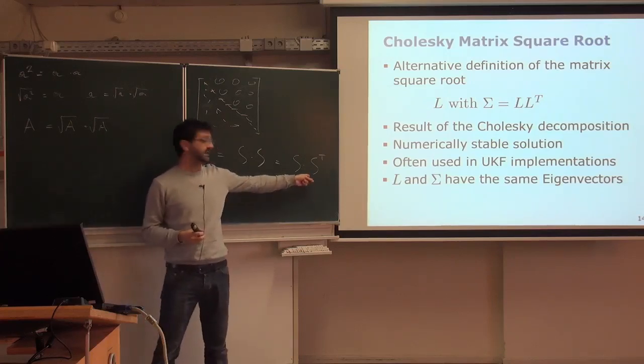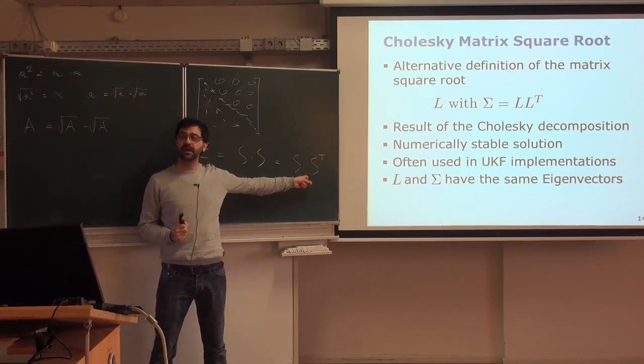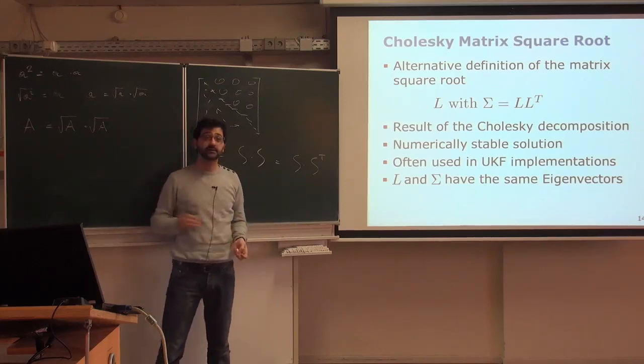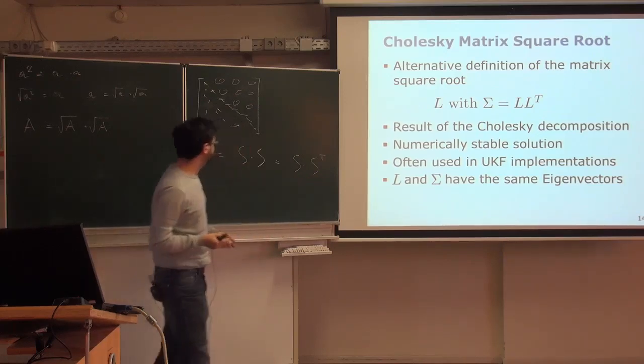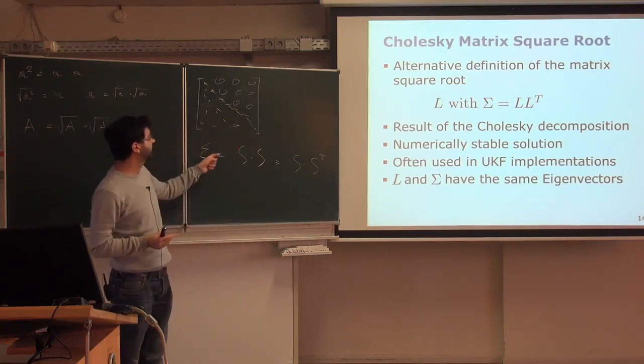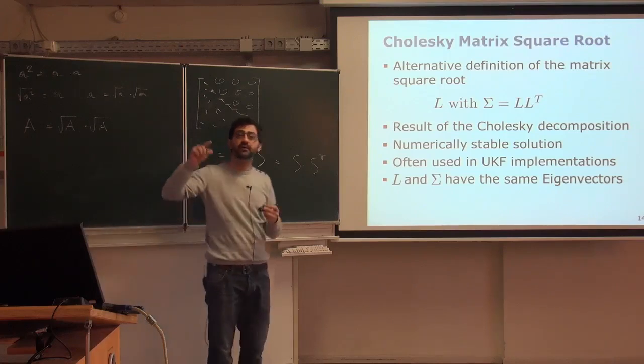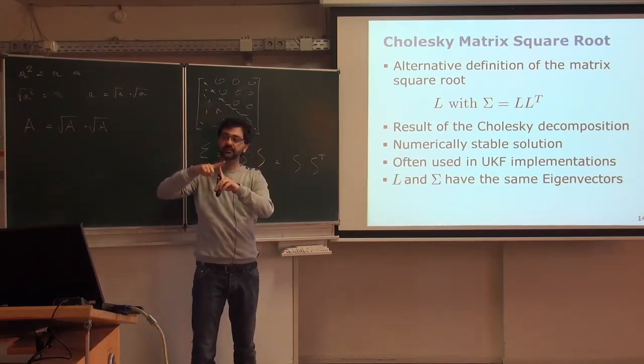It will still match the definition of a square root of a number, because the transpose of a number is the number itself, and it will still be useful for defining sigma points. The difference with the previous definition is that we do not have sigma points on the axis of the ellipse any longer.